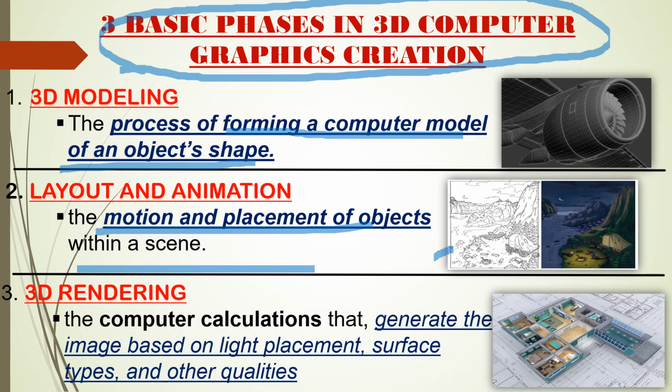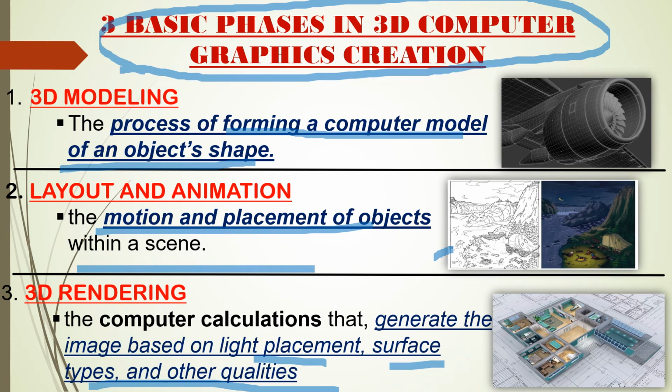So how about the 3D rendering? So when we say 3D rendering, the computer calculations that generate the image based on the light placement, surface types, and other qualities. So it is the process of turning information from a 3D model into a 2D image, and it can also be used to create a variety of images from the intentionally non-realistic to what is called photorealistic.